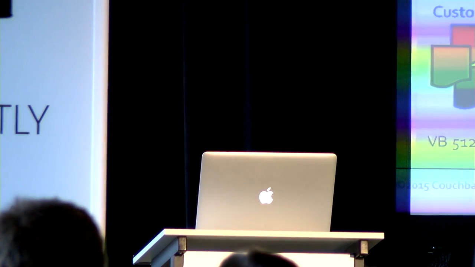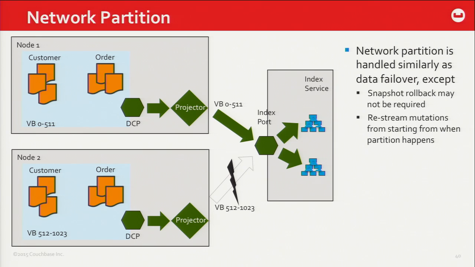If there's a network partition between the data service and the index service, it works similar to data failover. It will get a connection error between the data service and the index service. But in this case, there's no rollback, because node 2 is essentially still the rebucket master.